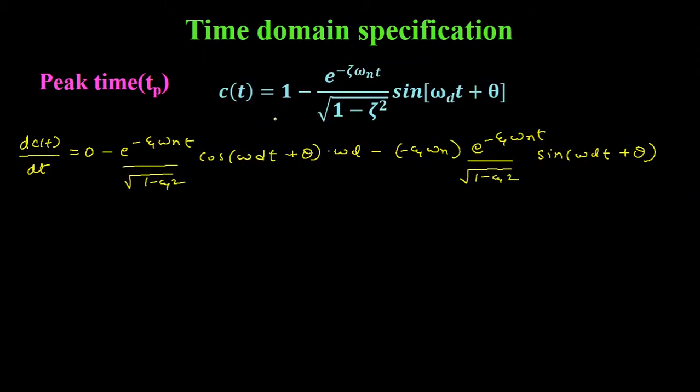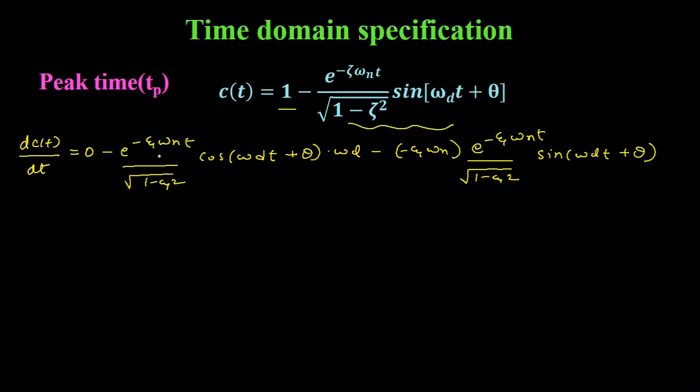When we differentiate this equation with respect to t, we will get dc(t)/dt is equal to 0 minus, because the differentiation of a constant value is equal to 0. Then we take the differentiation of this term with respect to time.